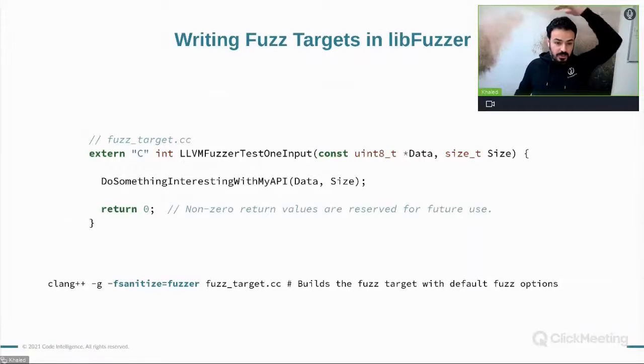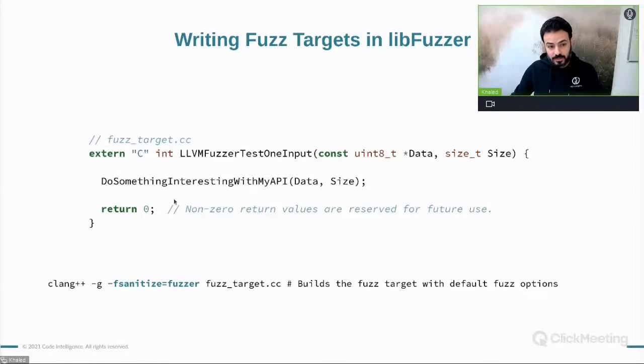So what do we need to do in order to write a fuzz test using libFuzzer? We need to write a function that has this signature. It's called LLVMFuzzerTestOneInput, and it takes two arguments: a data buffer and a size. Inside this function, I can call my API, the function that I would like to test.